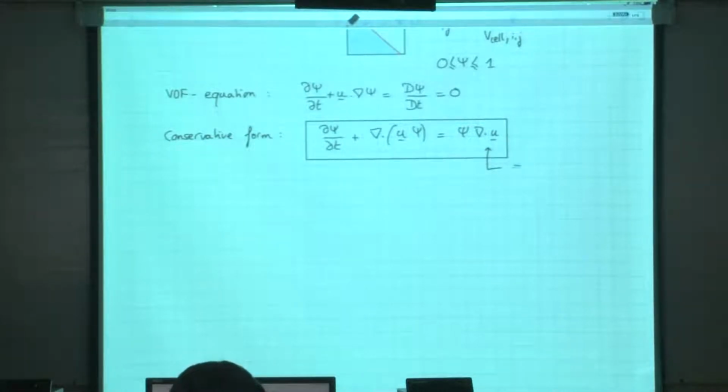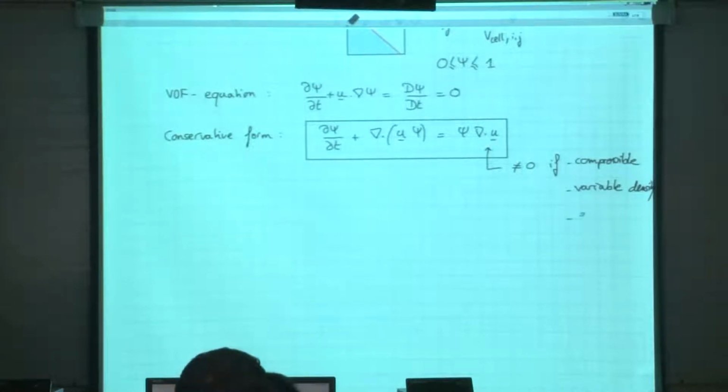Note that this is not 0 if the flow is compressible, or if the flow is in general variable density, or if there's evaporation.